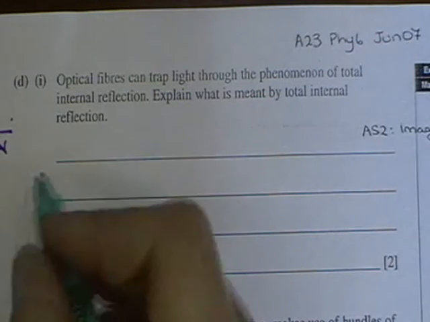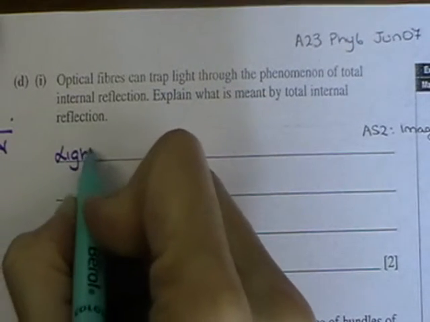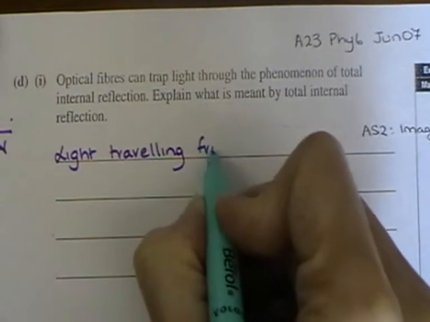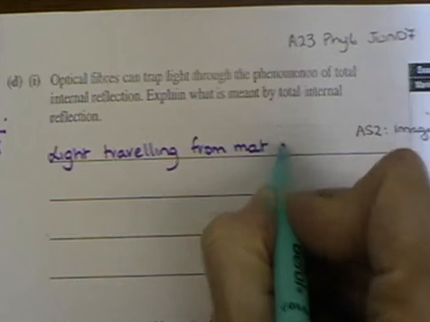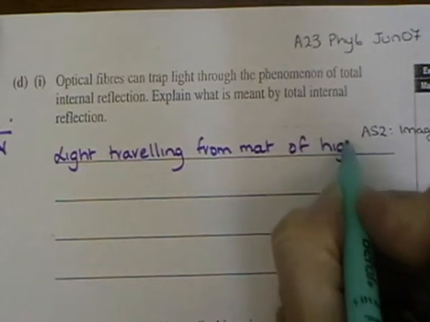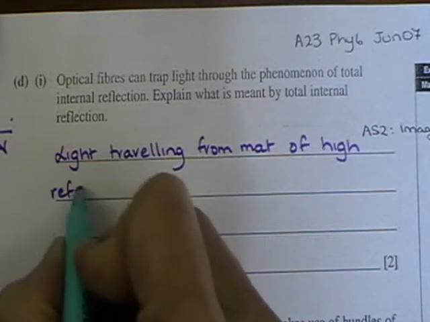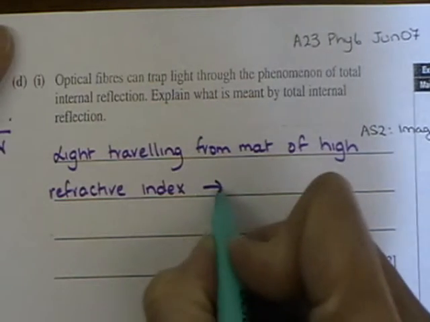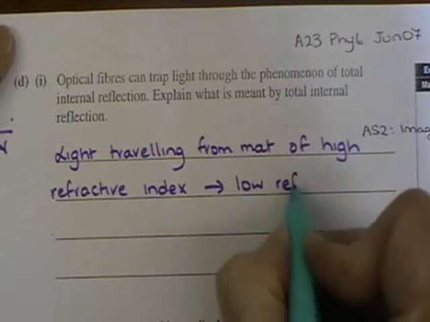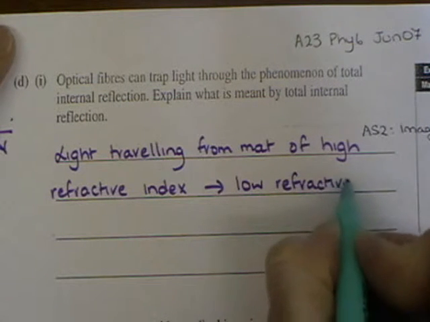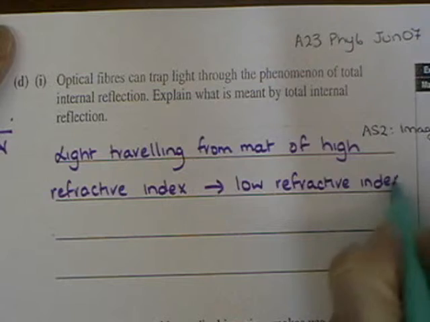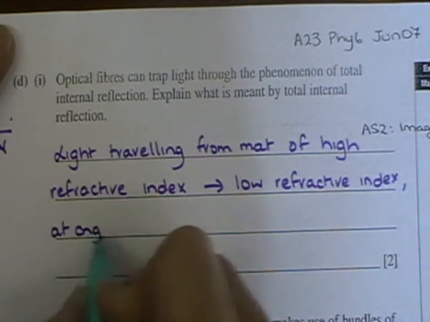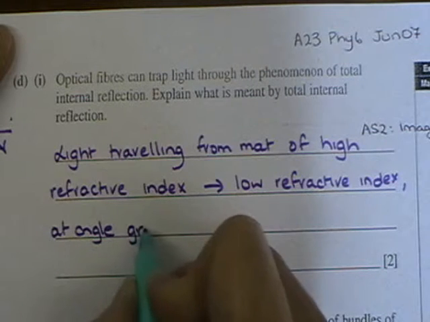The best definition of that is if you have light travelling from a material of high refractive index to low refractive index, at an angle greater than the critical angle.